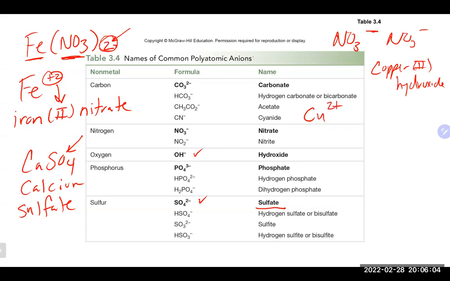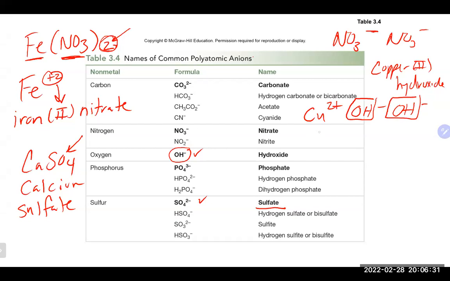That's what the Roman numeral means. Hydroxide, once you learn it, you'll go to the list, you'll memorize it, you'll know that it is OH-. So basically, we are putting together something with a +2 and a -1, which means we need more of the copper or more of the hydroxide. We do need more of the hydroxide, just like before. We would need two of them to balance it out.